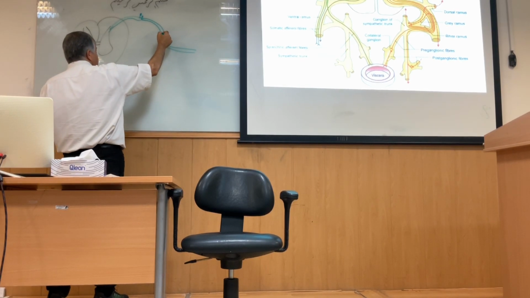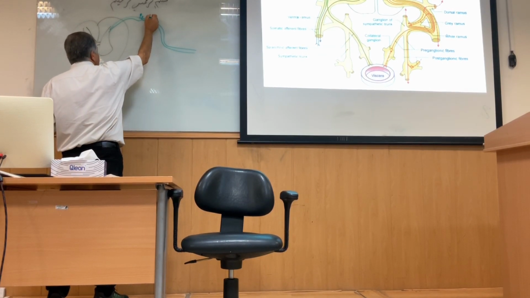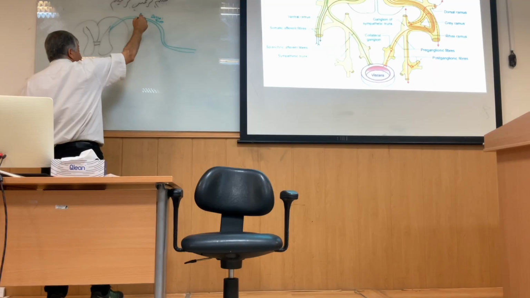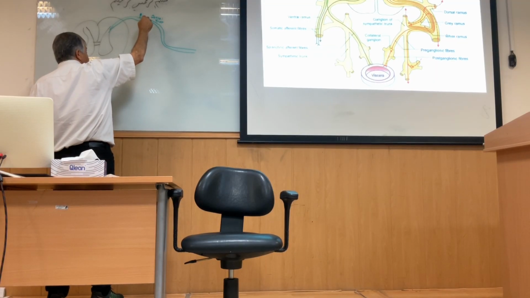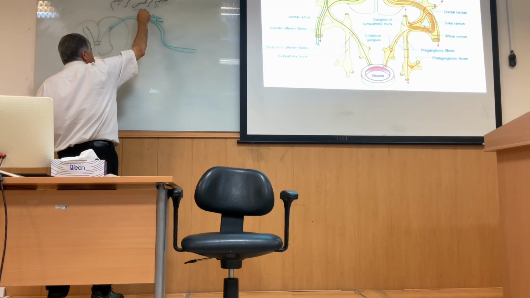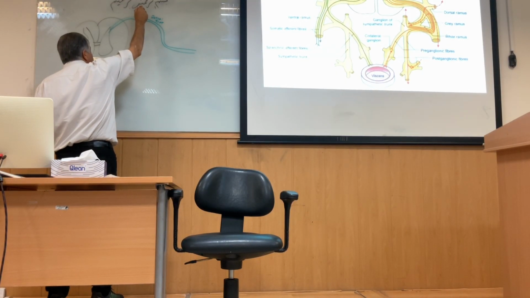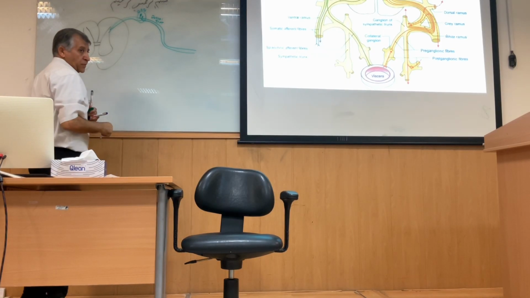Sensory fibers form the dorsal root. The body of the neuron is located in this area. This area is called the dorsal root ganglion, DRG. Okay?